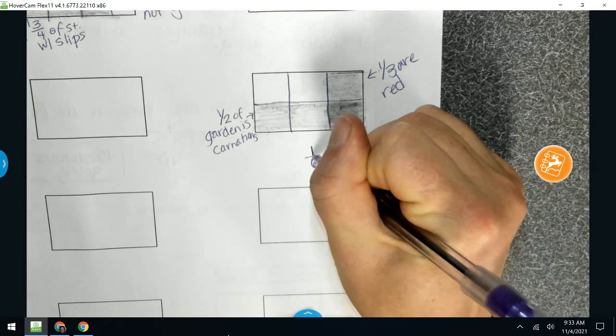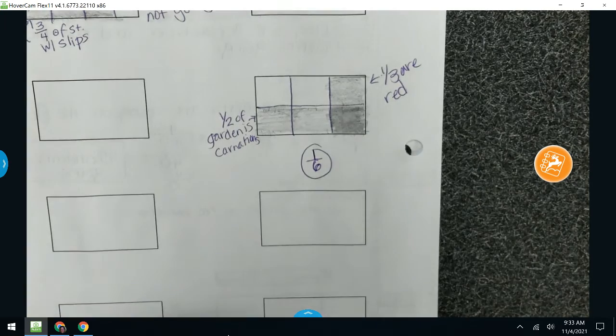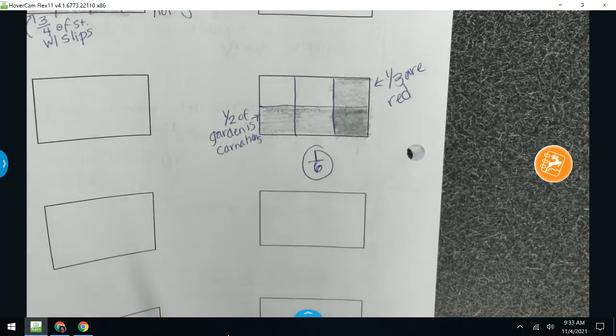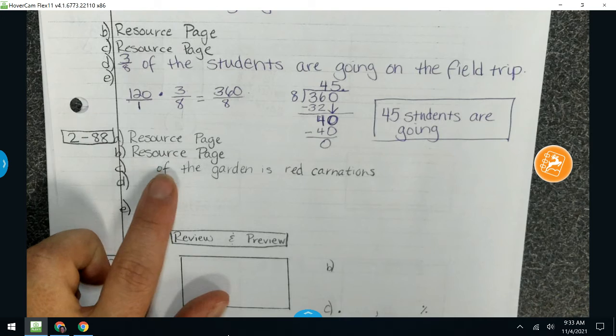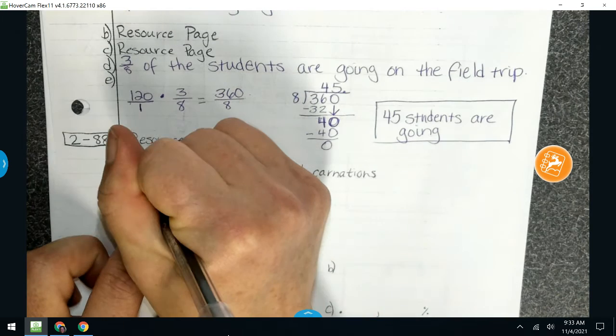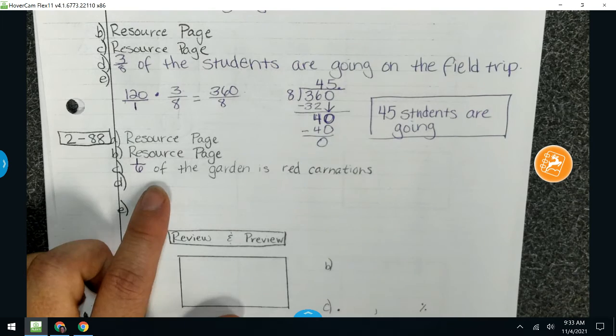So 1/6 of his garden is double shaded. So we're going to go back over here, because part B wants us to write down how much of the garden is red carnations. And again, we just wrote it. That was 1/6 of the garden is red carnations.